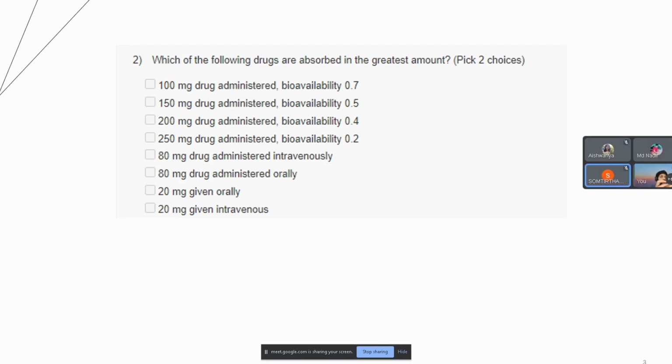The next option is something administered at 200 mg orally. The problem with oral administration is that when you take a drug orally, it goes through something called first pass metabolism. It has to pass through the liver and then merge with your bloodstream, right?